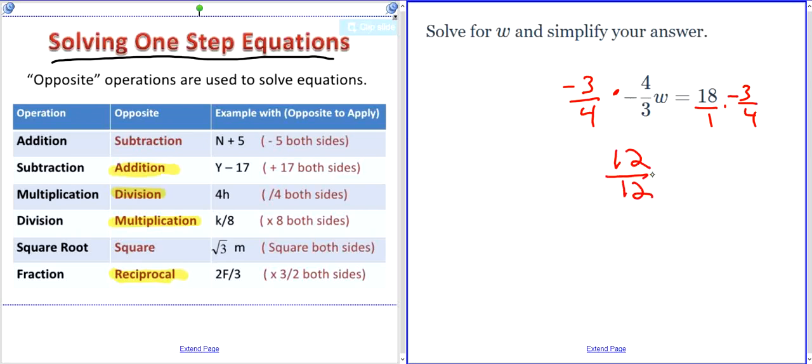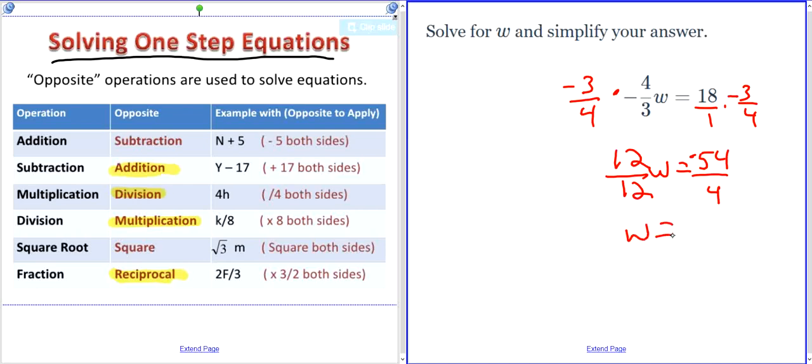And then bring down the w. Alright, and then 18 times 3, which is 54. And positive times a negative makes this negative. 1 times 4 is 4. Now 12 divided by 12 is 1, so you get w.